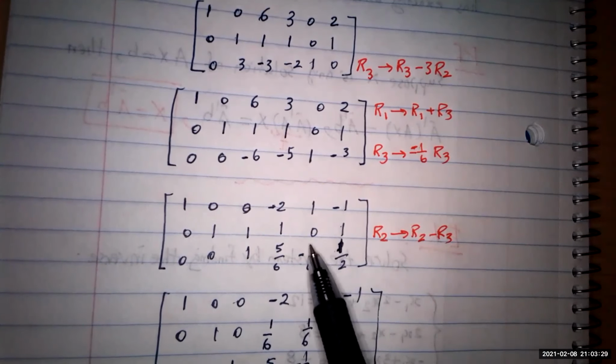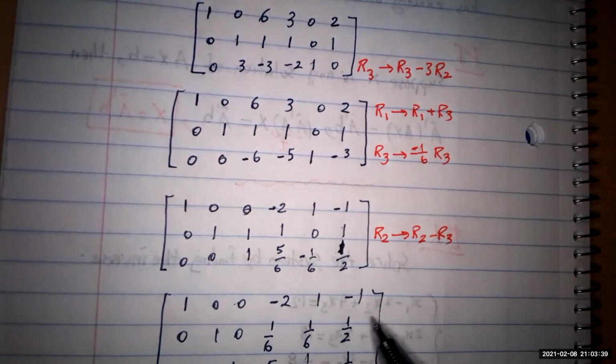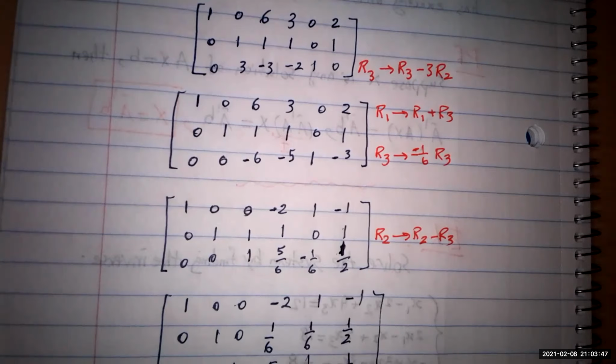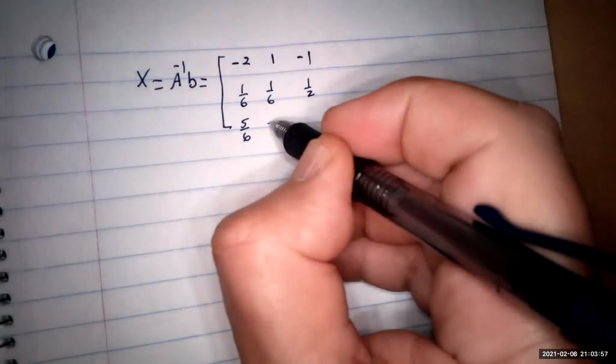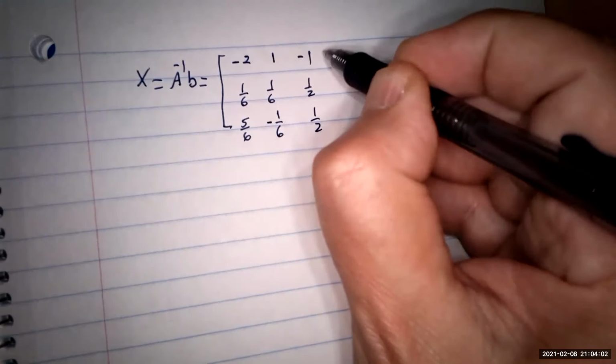Because we got R2 minus R3, so that's R2, which is going to be 0, minus R3. I think that's fine. You get 5/6, negative 1/6 already, nothing to worry about. So 5/6, negative 1/6, negative 1/6, and the 1/2. That's your A inverse.